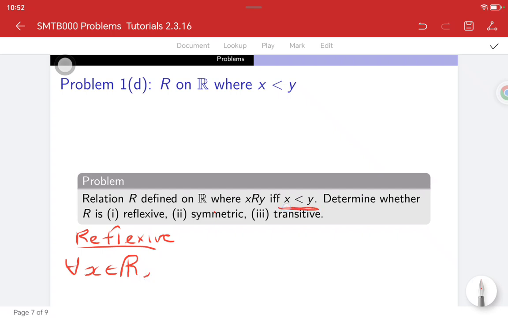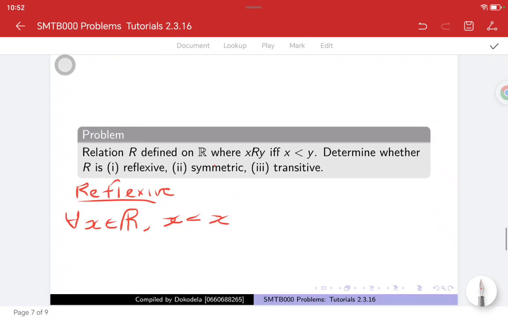We must start by showing this, which will occur if x is less than x. Is x less than x? No. So this is not true. x cannot be less than x. So this is not reflexive.